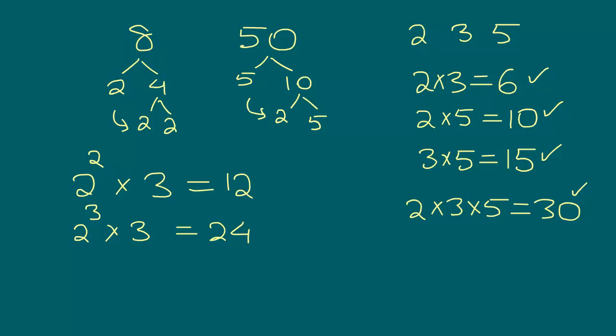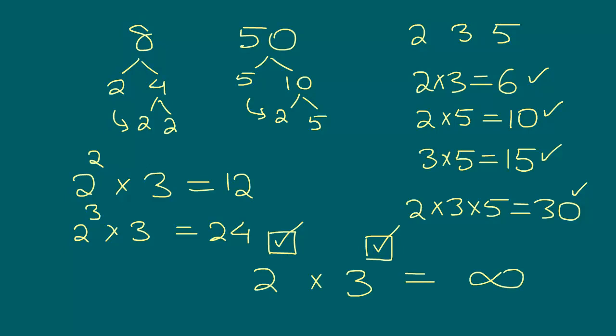In other words, just with these two prime numbers, 2 and 3, if we can use the prime numbers as many times as we want, that means we can have infinite values here and we can have infinite values here. That means with these two numbers alone, we can create infinite numbers.